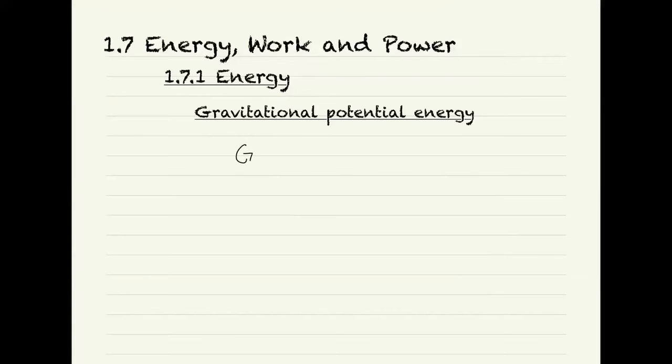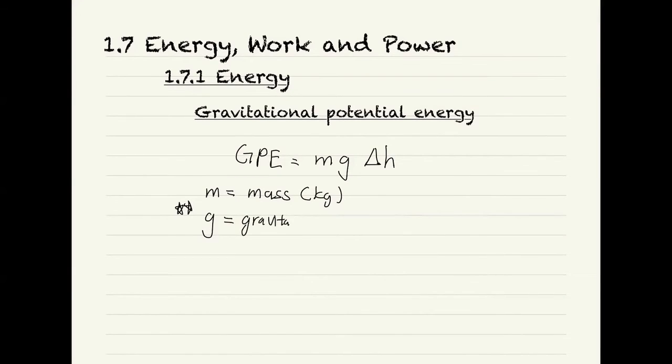Gravitational potential energy, GPE, equals mg delta h. m is mass, unit is kg. g is gravitational acceleration with 10 meter per second square.